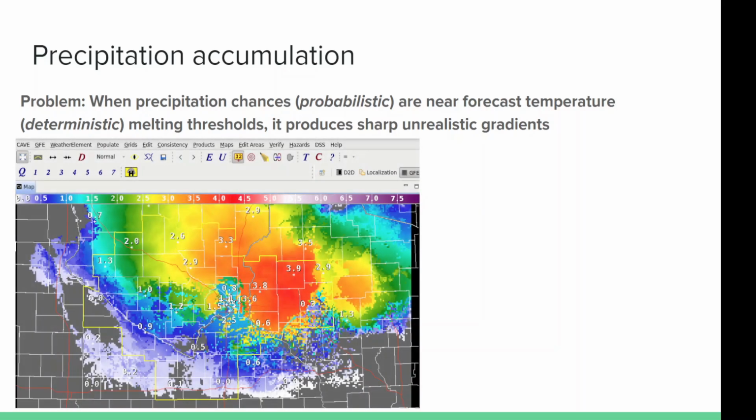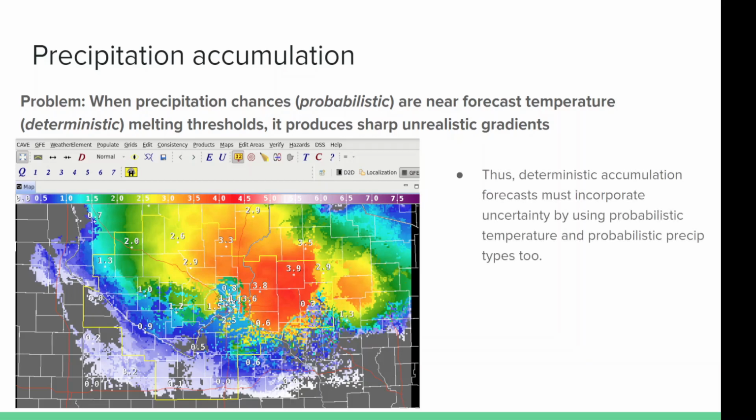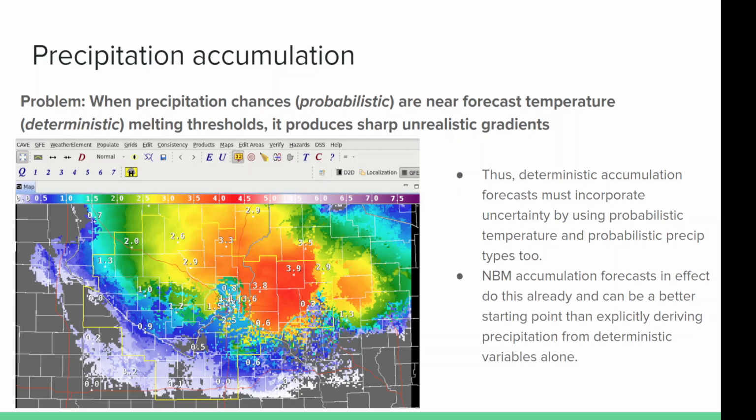If you let precipitation accumulation be sensitive to deterministic melting thresholds, say the temperature near 35, and have a probabilistic chance of precipitation and type, the end result many times is sharp, unrealistic gradients, as shown in this example. There are workarounds included in ForecastBuilder to prevent this, but the reality is that we really need to move towards something like what the NBM does, where it forecasts accumulation in an area even when the most likely temperature is above a melting threshold.